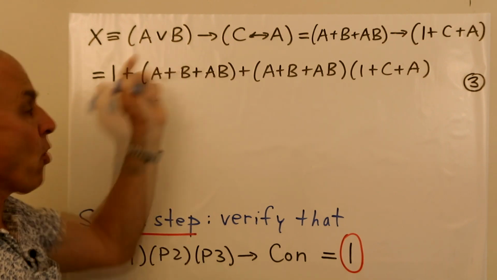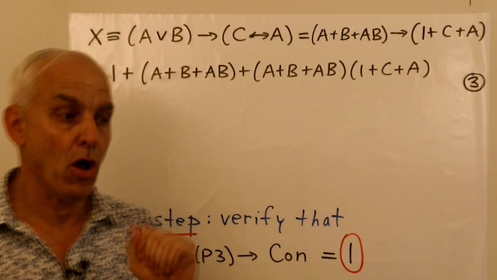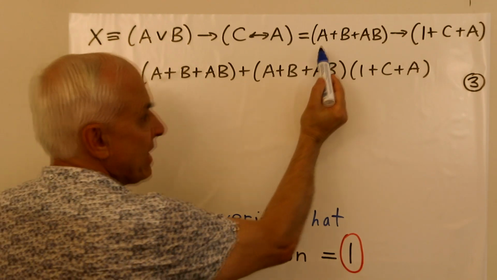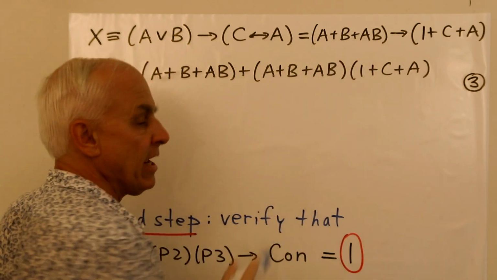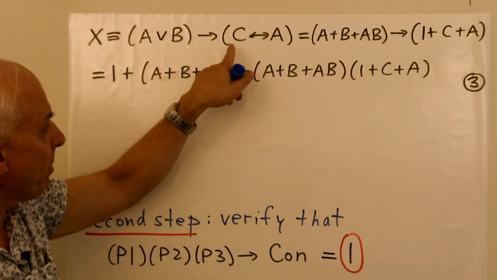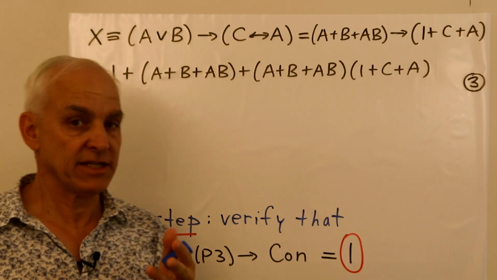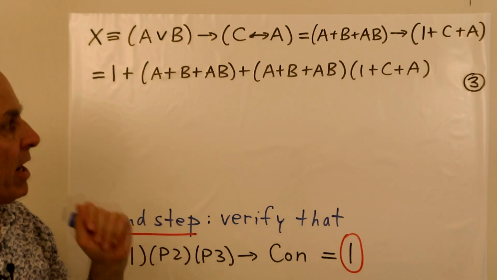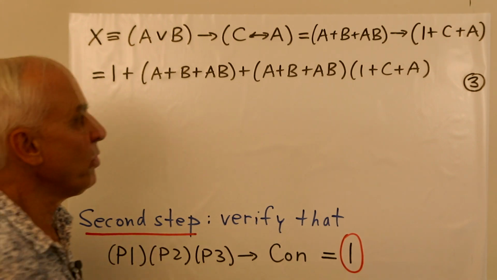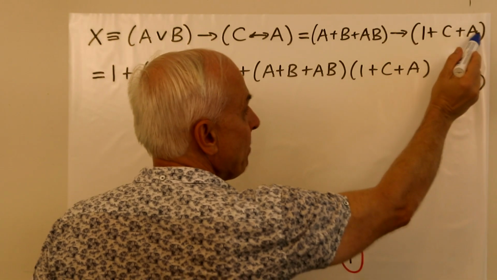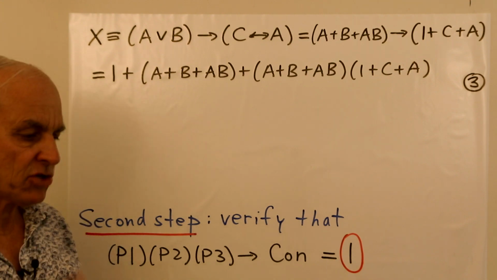All right, so A or B. We all know, I hope, that that's the same as A plus B plus AB. And what about C is equivalent to A? That's a connective that we haven't seen that much before, but I remind you that in the algebra of Boole, it's expressed as 1 plus C plus A. Let me just remind you about that.